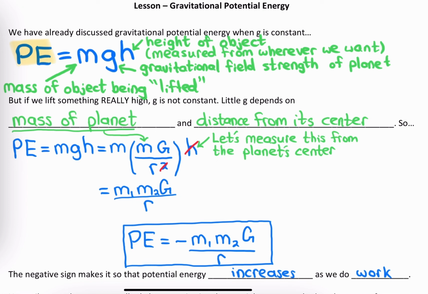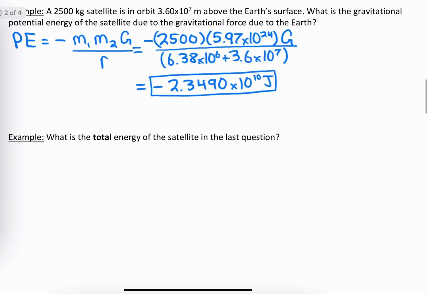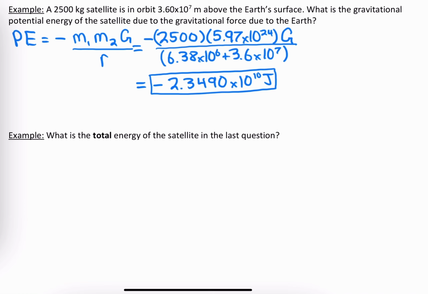Measuring it from a height above where an object is and getting a negative number would be totally fine. The other thing I'll say to help you be okay with this negative potential energy stuff is that potential energy itself in all forms is not something that exists per se.